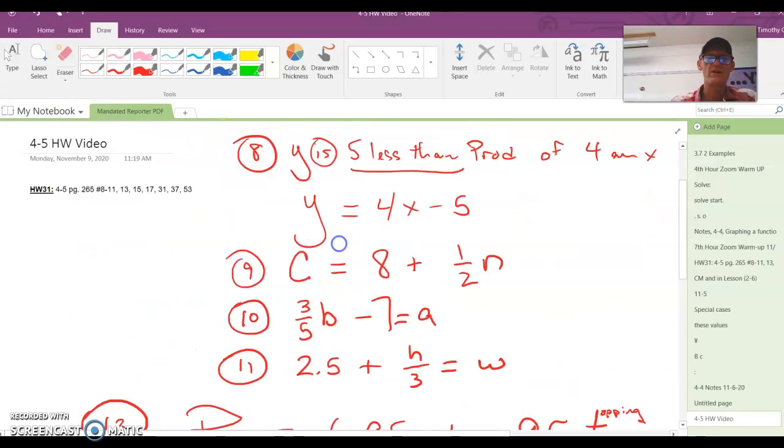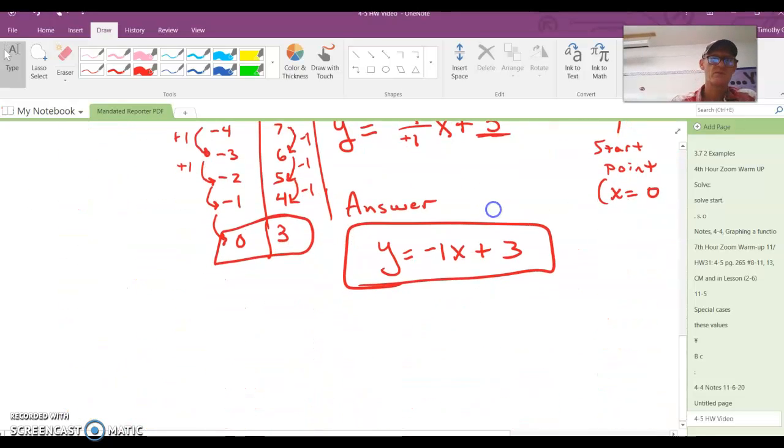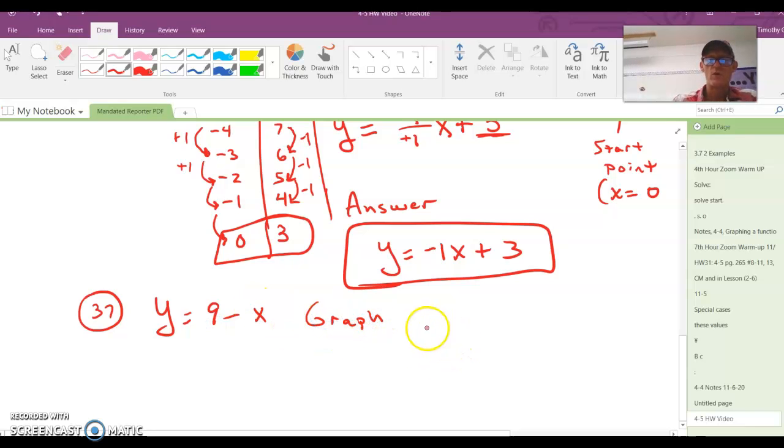All right, that's 31. And then we have 37. 37 says y equals 9 minus x, and we have to graph that. So what we do is make a table, and we put our x's in. Now, if there's no fraction, x starts out at negative 2, negative 1, 0, 1, and 2.